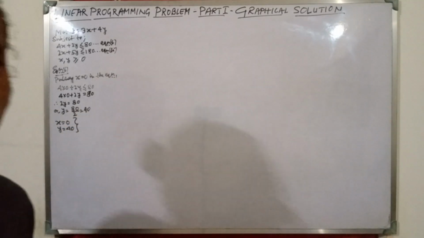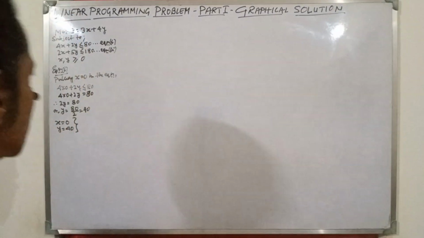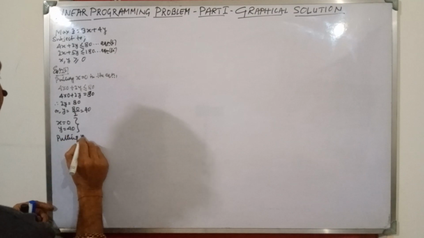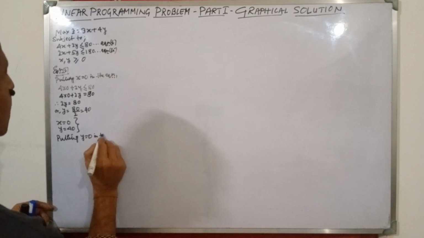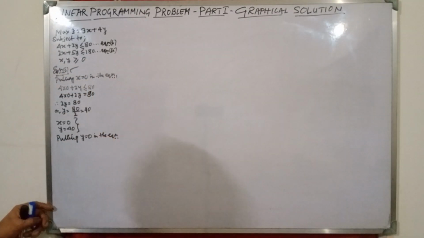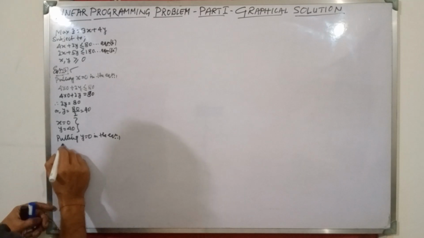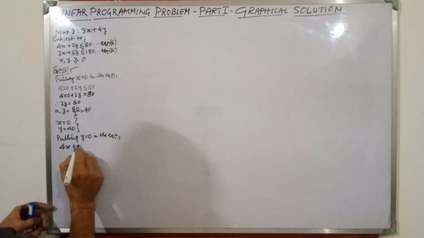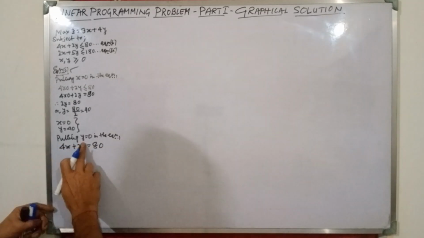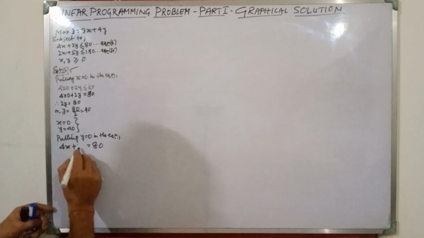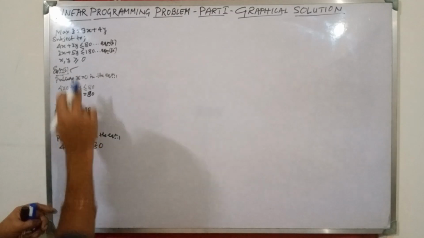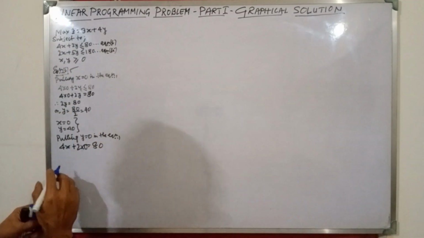Now we shall put y equals 0 in equation number 1. Putting y equals 0 in equation 1, what do we get? 4 into x plus 2 into 0 equals 80. We have put 0 in place of y.